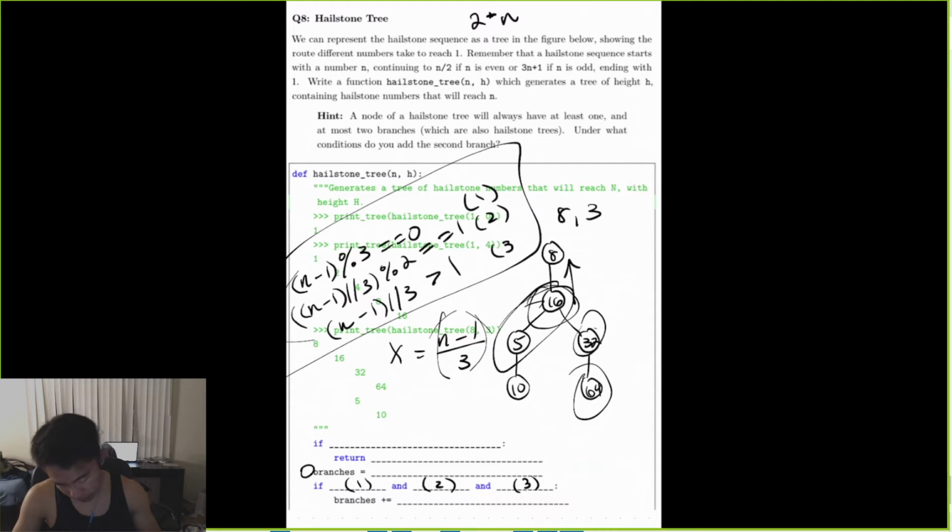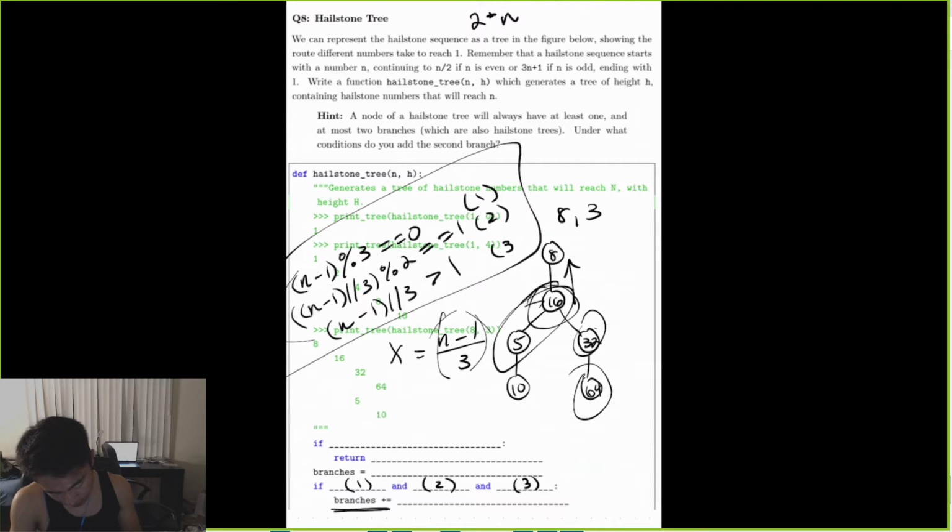So in this case, if the odd branching was possible, we're going to add it to the total amount of branches. But we know that the even branching is always possible. So we can always multiply by 2 and go to the next level. And so because of that, maybe the even branch should be in this branches right here.